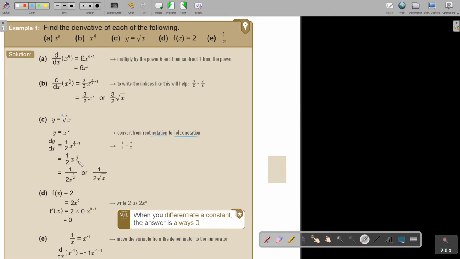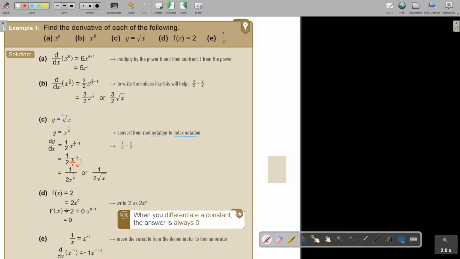But I don't want it negative, and remember, if it stands there, it actually means it stands on top. Now I can bring it down to the bottom, and I can take it back to root notation. So it's either this or this.